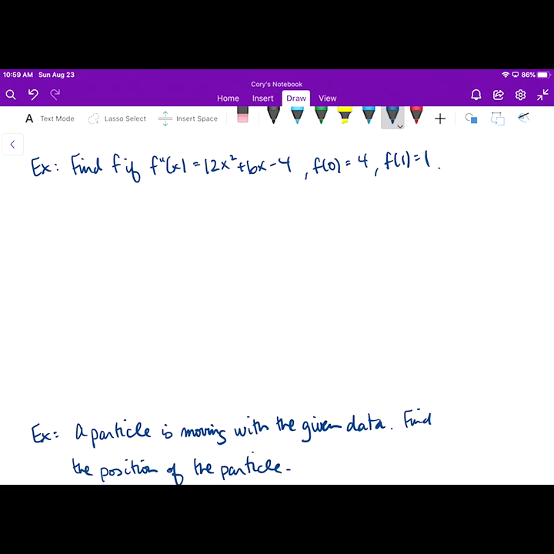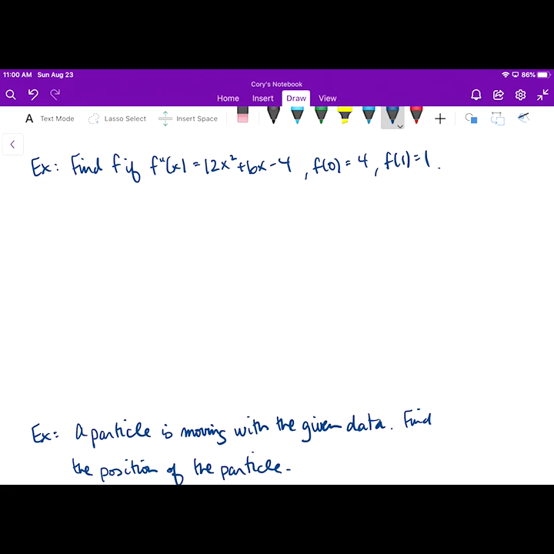And then we're given f of 0 is equal to 4, and f of 1 is equal to 1. Okay, so different than the last one in that we are given f double prime and we want to find f. We're also given two initial conditions in this problem.